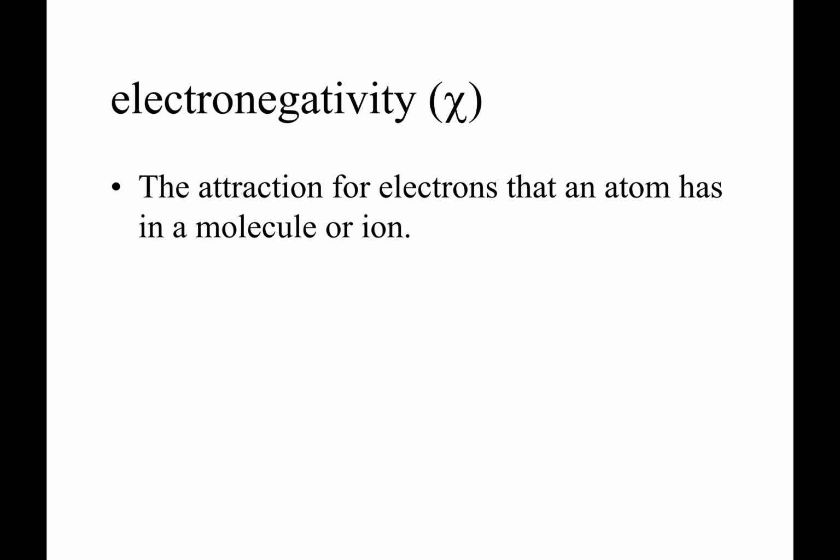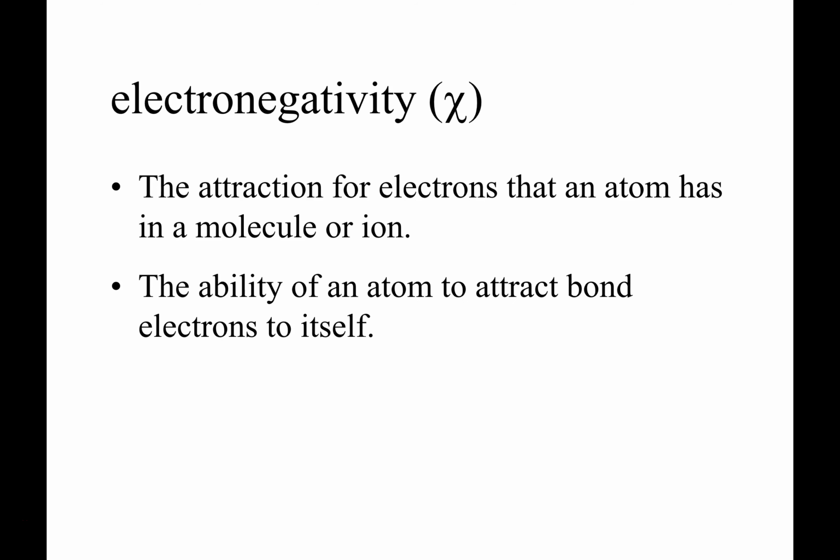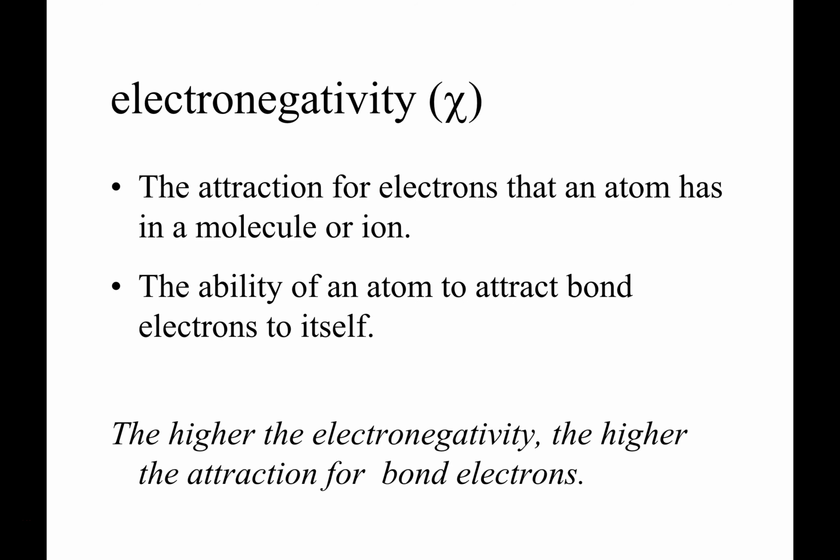So the Greek letter chi means electronegativity, and it's the attraction of electrons that an atom has when it's bonded to another atom. The higher the electronegativity or Pauling value, the more it's going to hold electrons to itself.